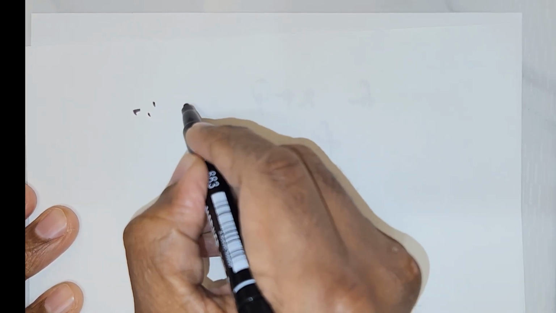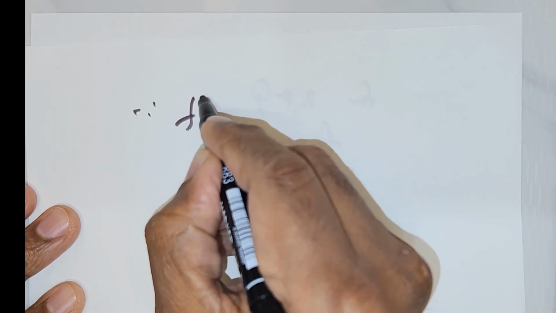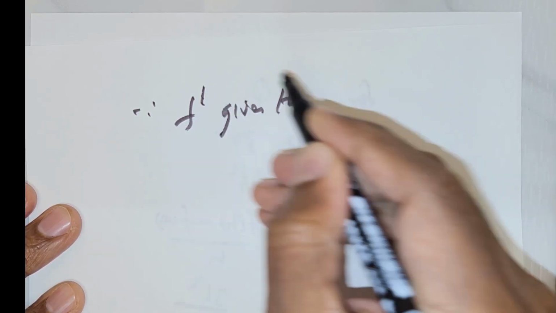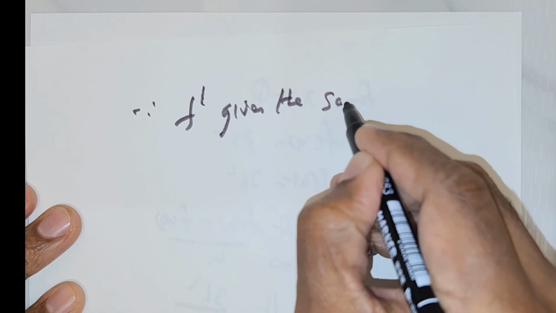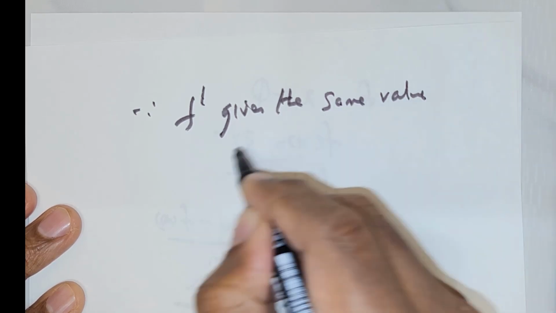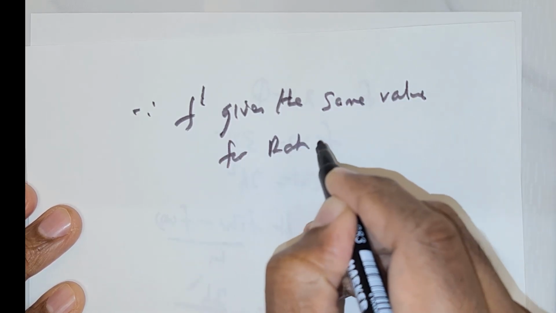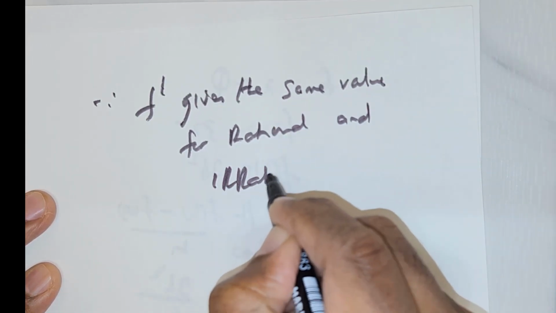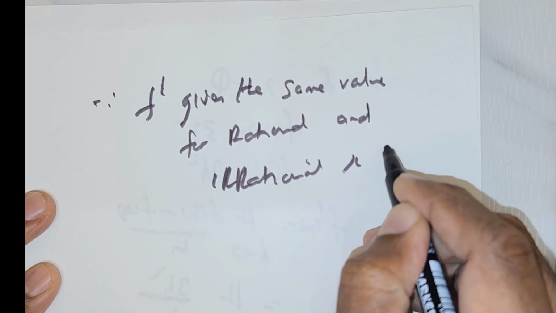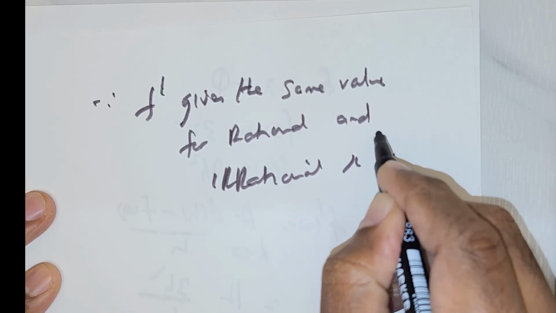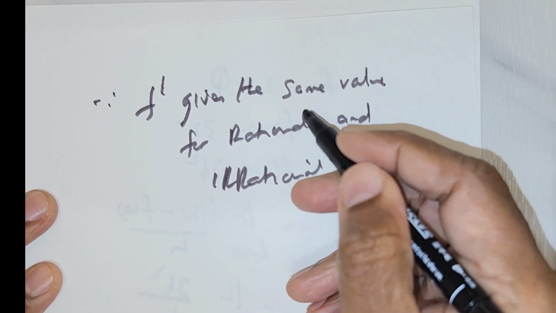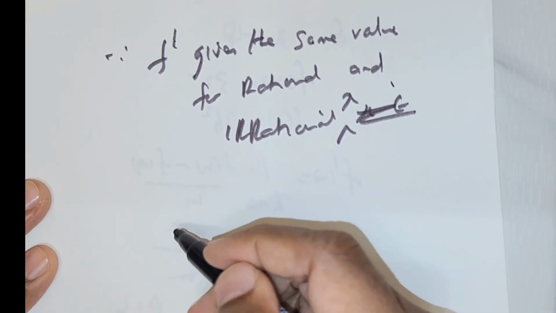So I'm going to state that since f dash gives the same value for rational and irrational x, okay, just say x because it's considered rational, irrational x.